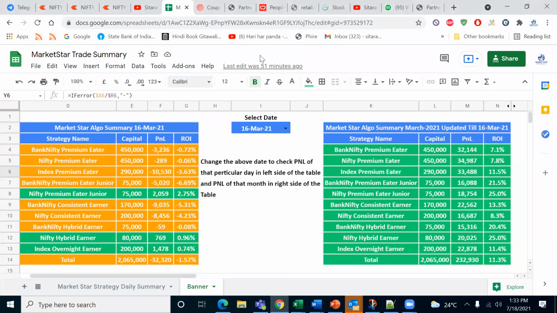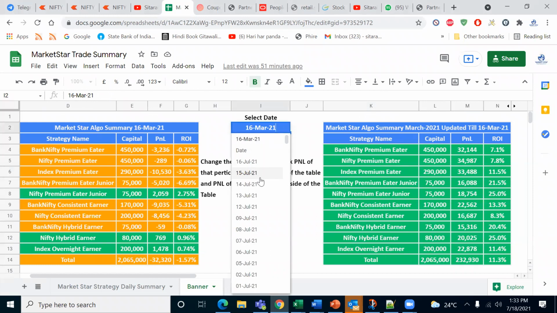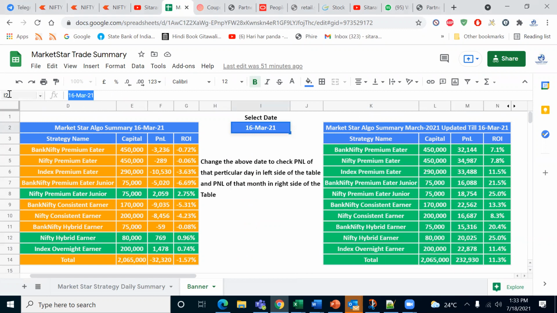So just closely look at this index premium meter data. I will change the data starting from October, so let's make it 01 OCT 20.